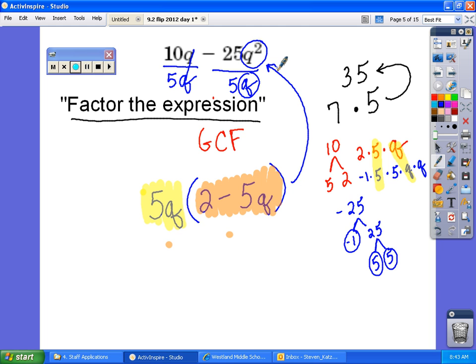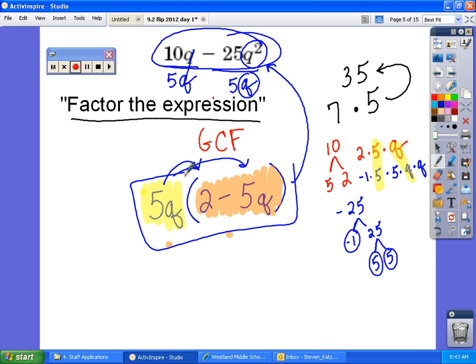And if you don't believe me, if you want to check it, go ahead and distribute the 5q back in. You will get the original expression. But this is the factored form. Again, I knew that they each shared a 5 and a q before I did this, so you don't necessarily always have to do the prime factorization. This is what we learned how to do in 9-1.